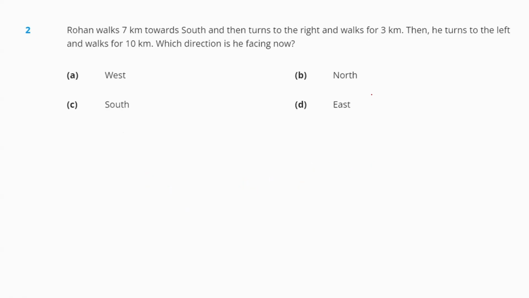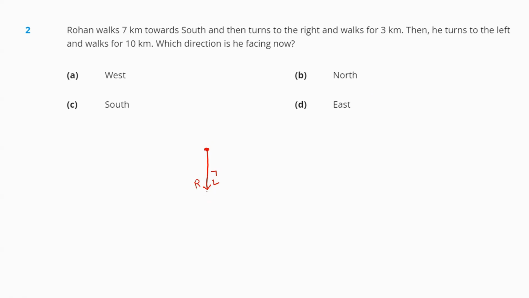Moving on to the next question. Rohan walks 7 kilometers towards south and then turns to right and walks for 3 kilometers. Then he turns to left and walks for 10 kilometers. Which direction is he facing now? So if we draw Rohan here, firstly he walks 7 kilometers to south. For south, this is his right, this will be his left.